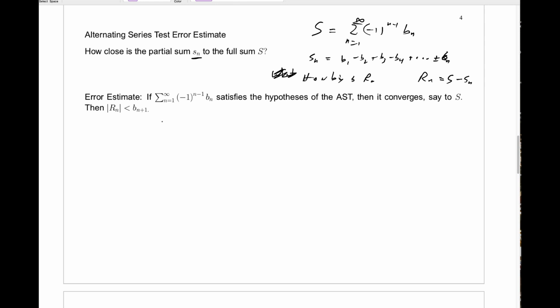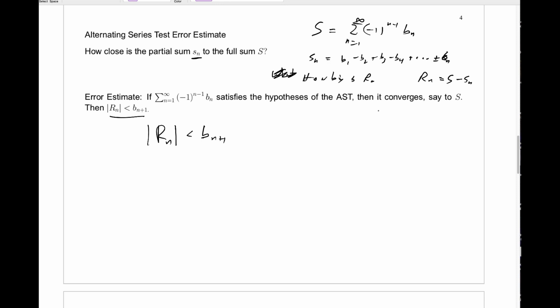It means that the size of R sub n, that's the difference between the actual sum and S sub n, must be smaller than the next individual term, which is b sub n plus 1.